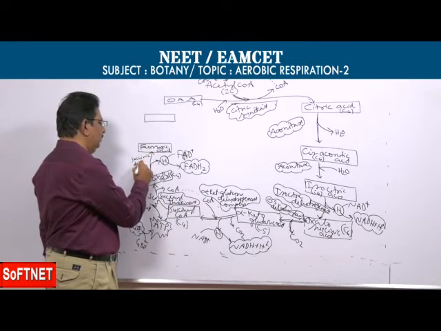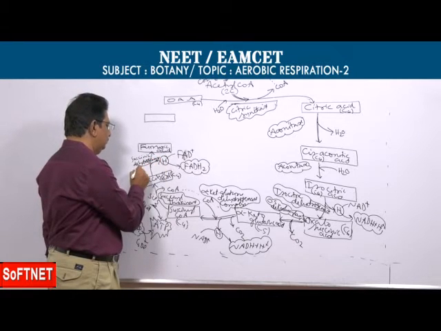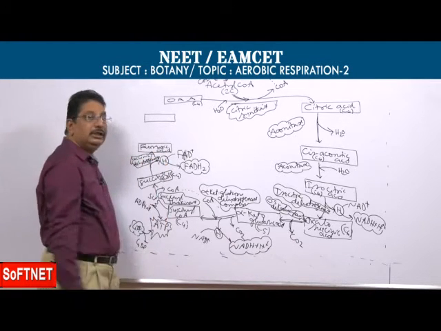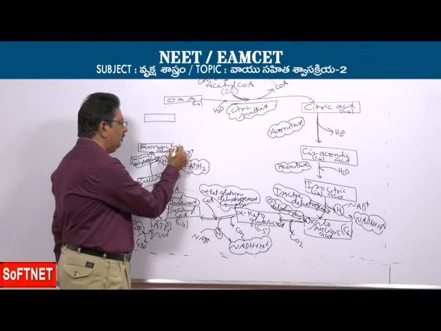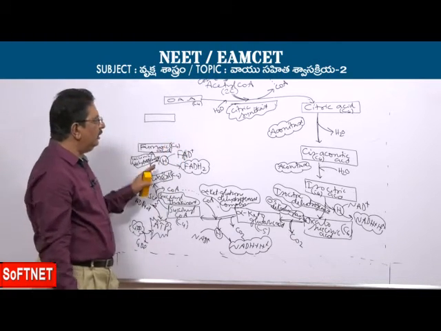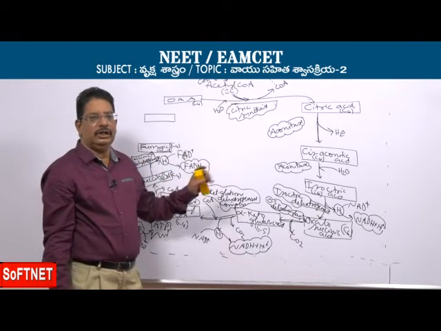Succinic dehydrogenase enzyme. So, fumaric acid is a C4 acid, and this is a special enzyme because of its location.